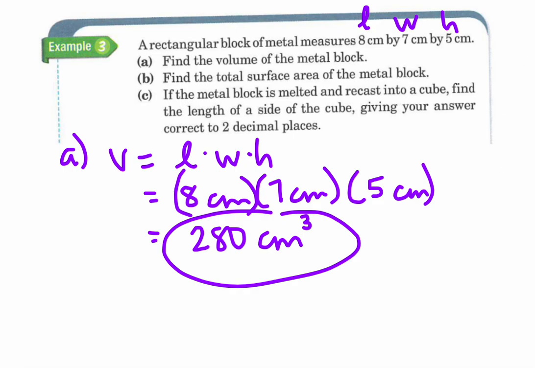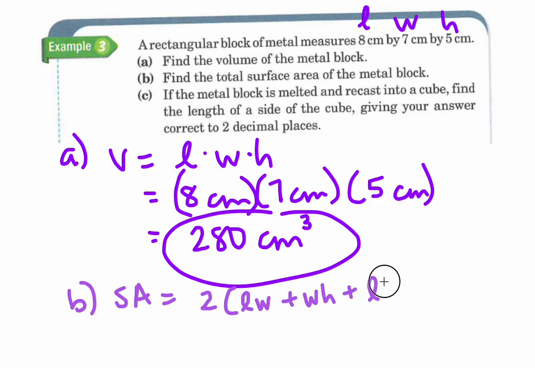Okay, and now let's move on to surface area. Surface area, if you remember, was where you had 2 times your length times width, plus width times height, plus what other pair are we missing? Length times height, right? Because we have to account for all 3 different types of rectangles there. And then there's going to be 2 of each of those.